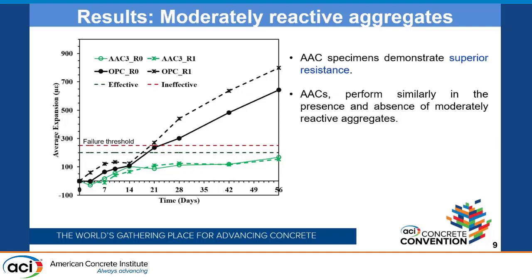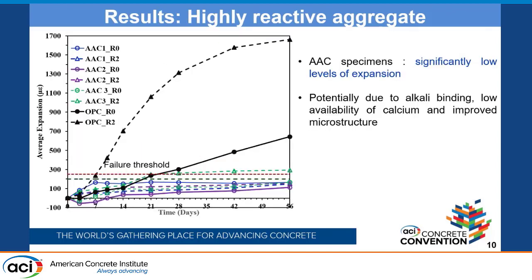We also noticed that alkali-activated concretes, both in presence and absence of reactive aggregates, behave pretty much similar. The expansions were very close. Coming on to the next, highly reactive aggregates, when we use SPRAT in combination with these alkali-activated concretes and OPC, we see that the trend is similar.